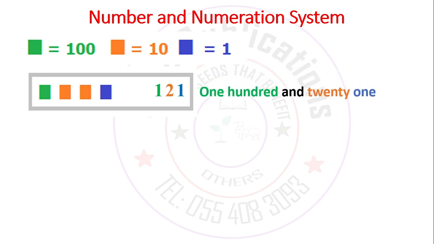So we see 121. Whenever you see a number, the last 2 digits are mentioned as though there is nothing else attached to it. So you realize that at the end we see 21.